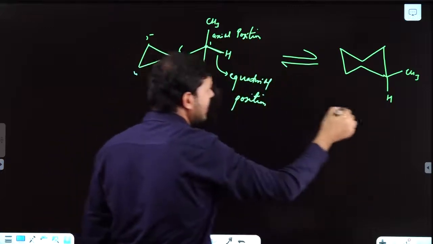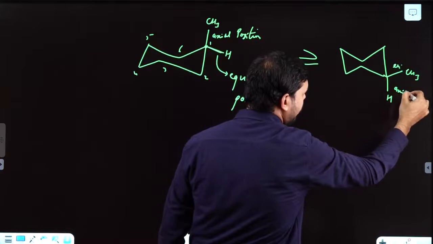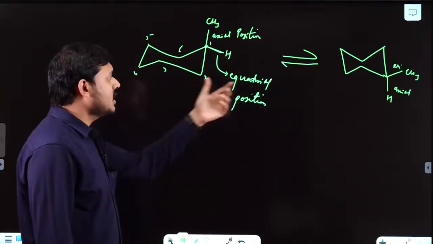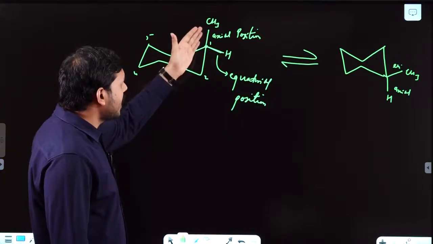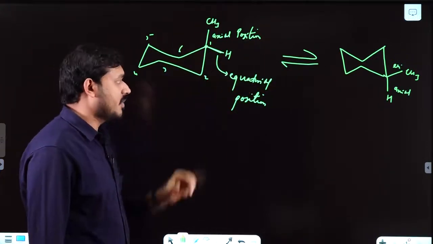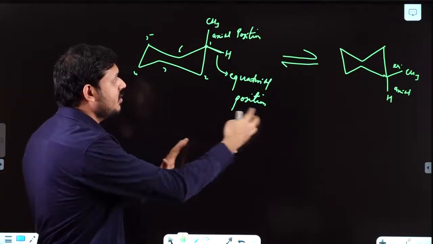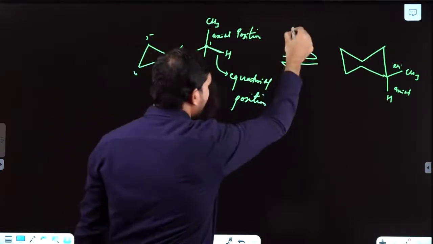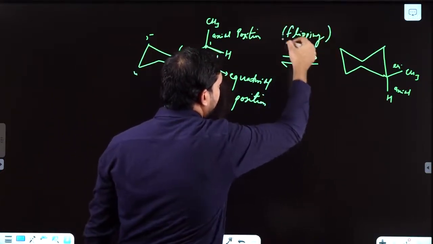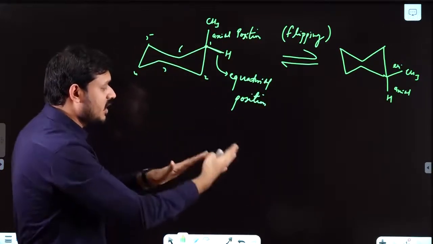Here it was axial, here it is equatorial, and now this is axial. Now you can think that on this interconversion, axial part goes into equatorial part and equatorial part goes into axial part. Means this is a change in conformation from one form into another form. So this is simply called your flipping.